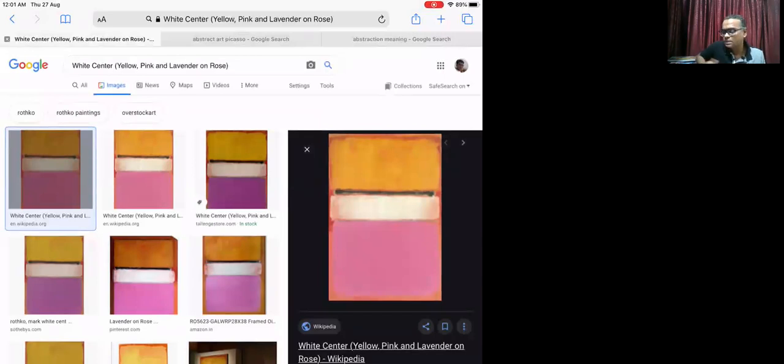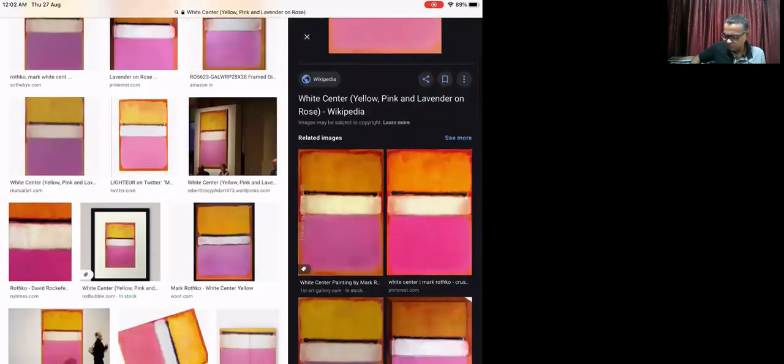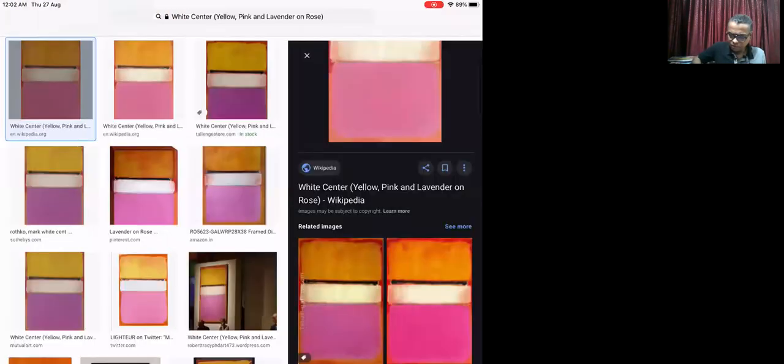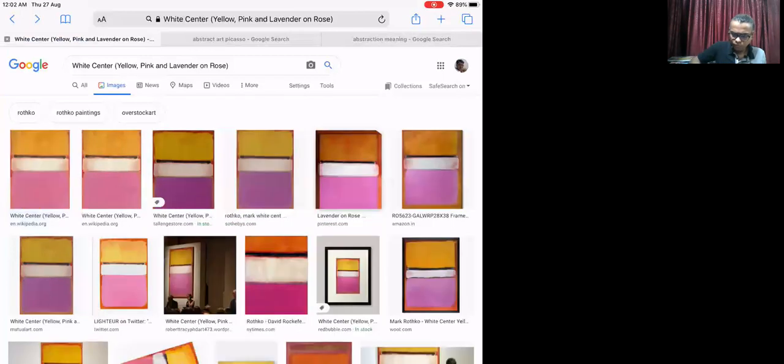This is a famous work by a very famous painter called Mark Rothko. This happens to be one of his most famous abstract artworks. This is a style that he had developed, and he has done several such works, many of which look similar to this one.